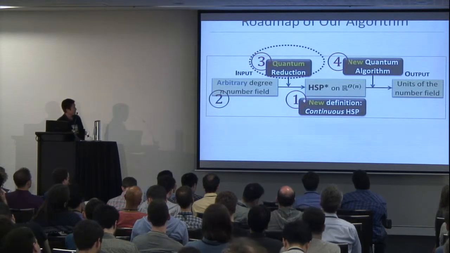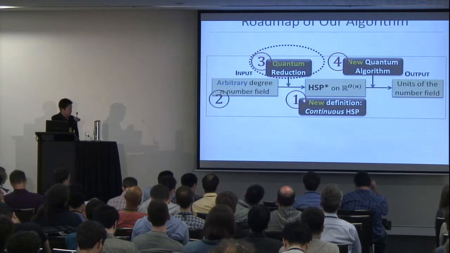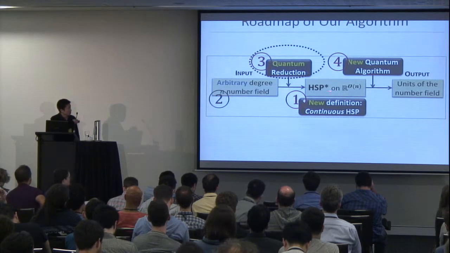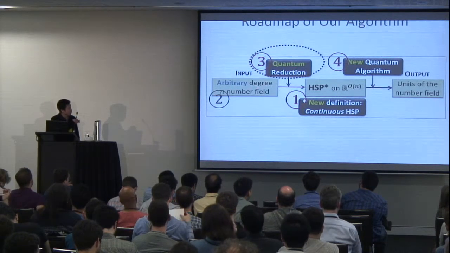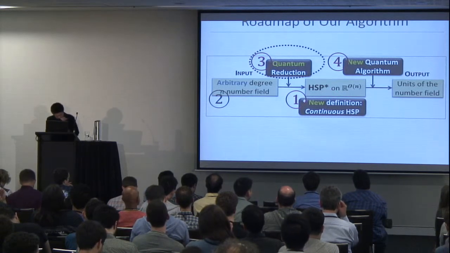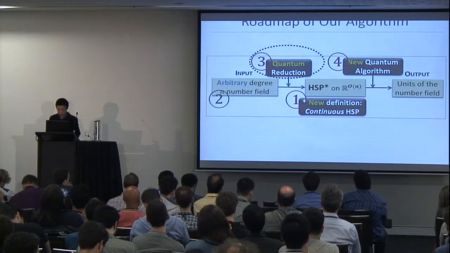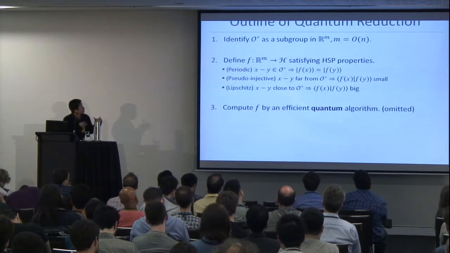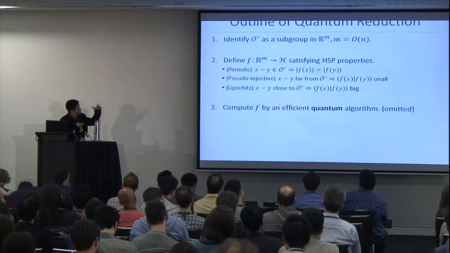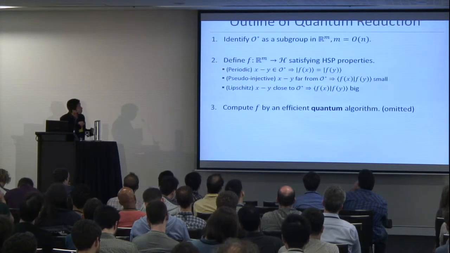All right, now that we know some basics about the number theory and also our new HSP definition, let me tell you how to reduce the unit group problem to our HSP definition. At a high level, our reduction goes through 3 steps.